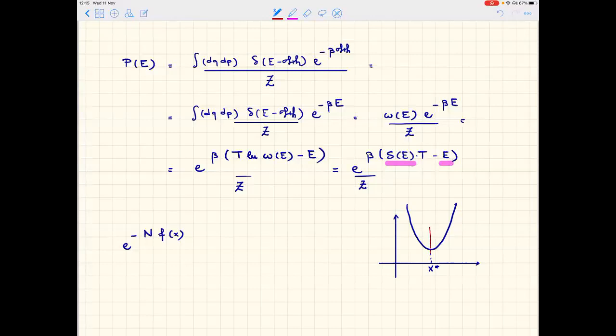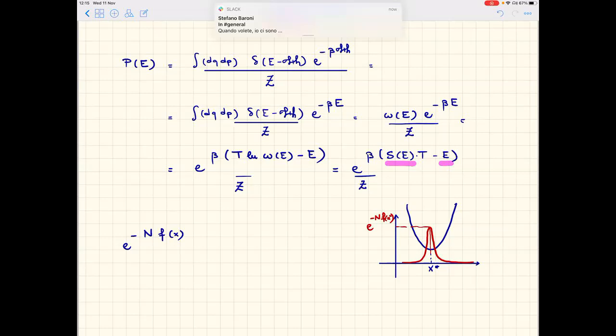It has a value here, exponential of minus n f at x star, and then is going to be strongly peaked around this value. Why? Because any deviation from the optimal value is going to be exponentially smaller.